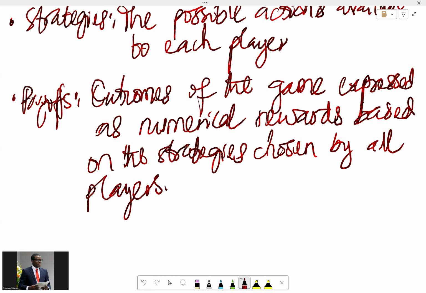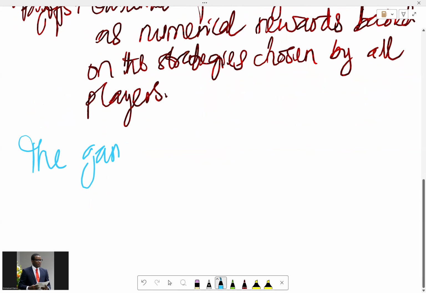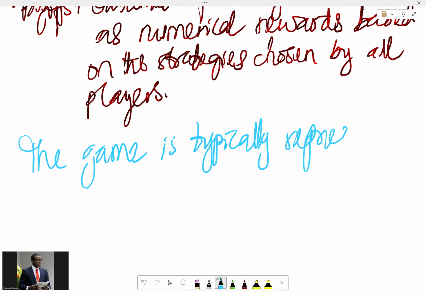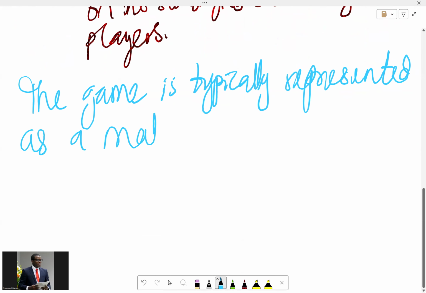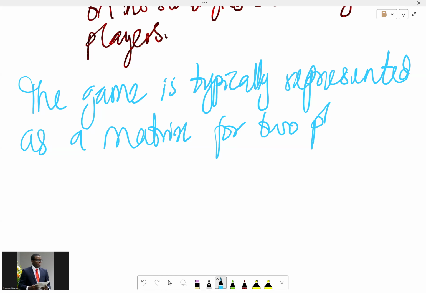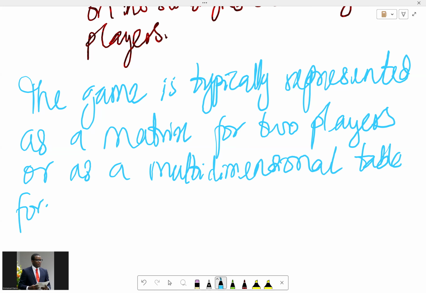Okay. The game is typically represented as a matrix for two players or as a multi-dimensional table for more players.